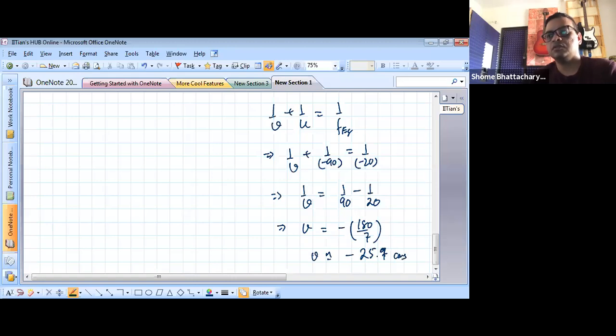Okay. So we get a real image approximately 25.7 centimeters in front.